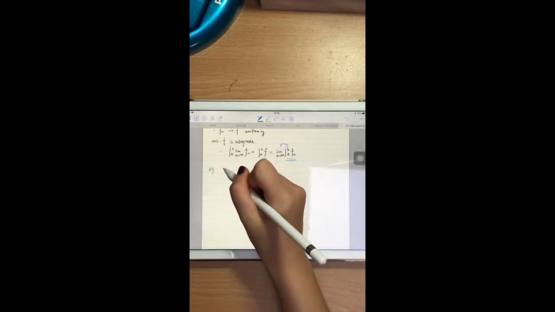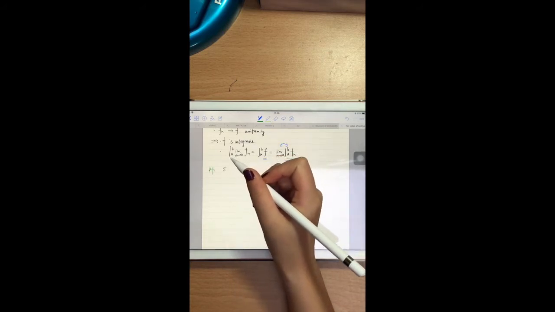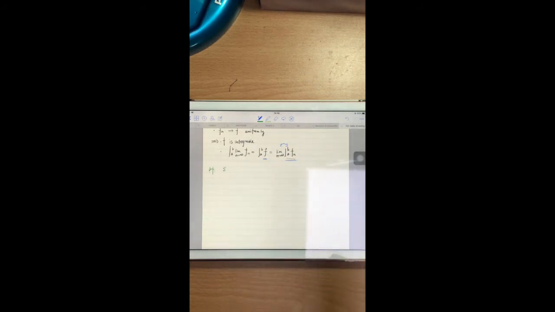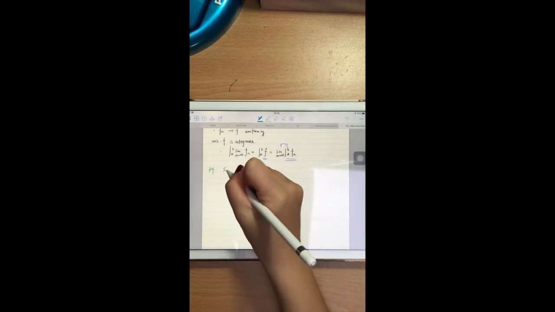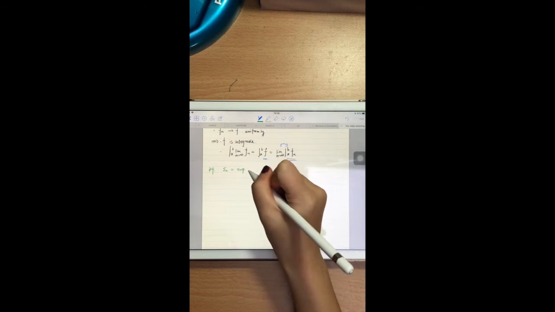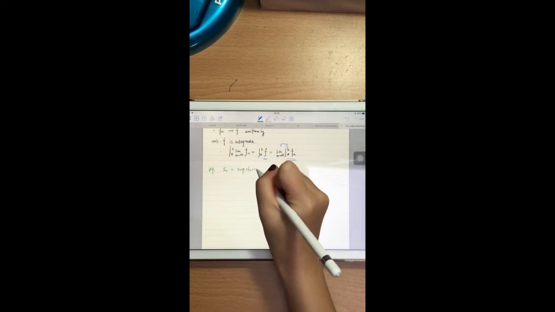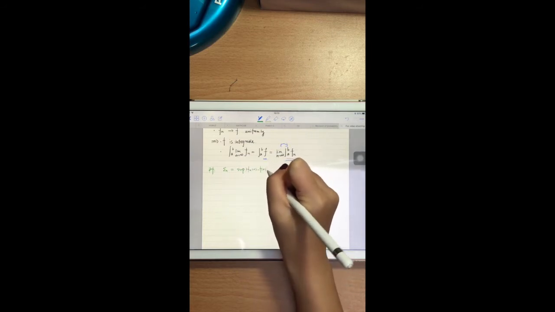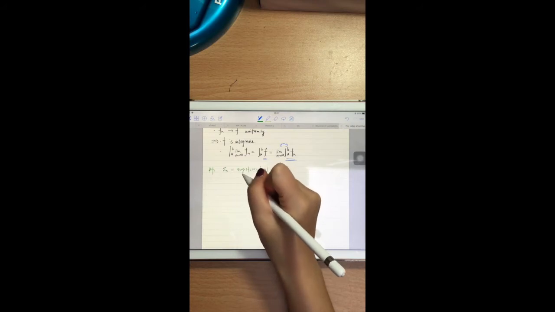It's pretty much similar to how we define uniform convergence. So let epsilon n be the supremum of |f_n(x) - f(x)|. It doesn't matter what x is because we are taking the supremum, and x is from a to b.